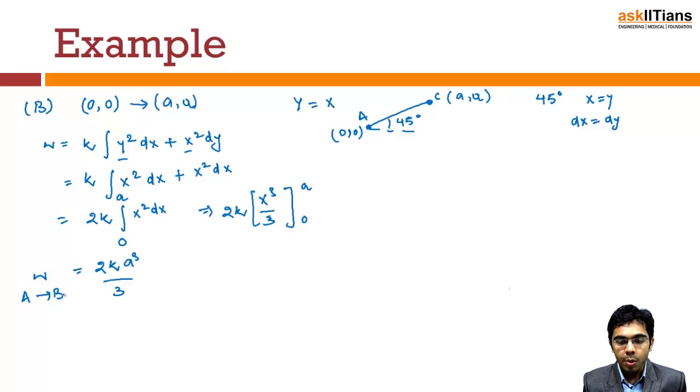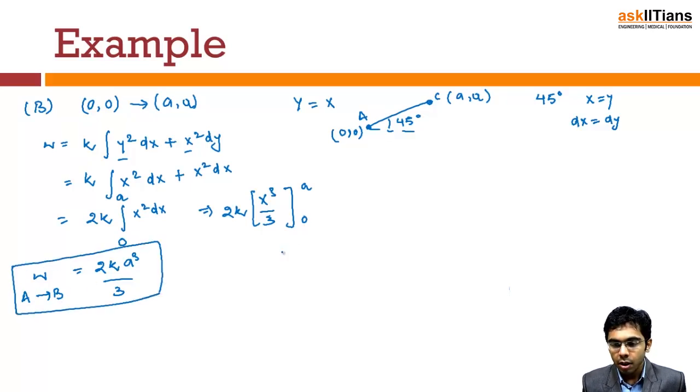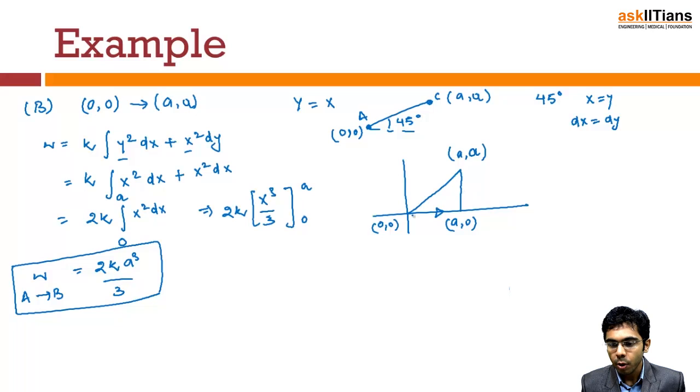By this we can say that the work done going along a straight line, if we make the figure with 0, 0, a comma a and a comma 0, and work done going from this point A, B and C. Work done along A to B, B to C is k a cube, but work done along this path is 2k a cube divided by 3.